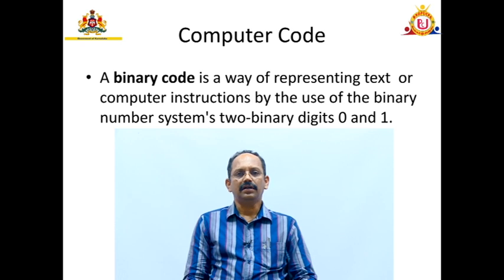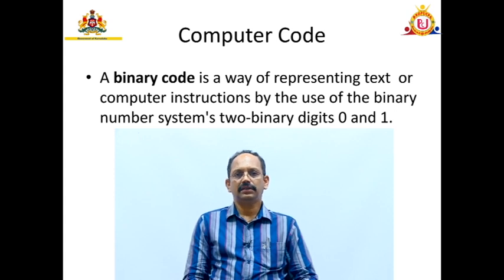Because computer can understand only the value 0 and 1. Actually these two, 0 and 1, are not values for computer. In fact, they represent off state of a switch and on state of a switch. It can differentiate between these two.